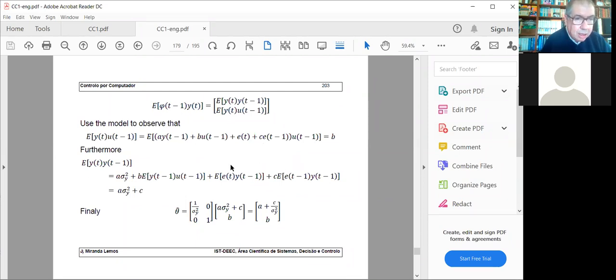And now we have to compute the first one. The first one is a little bit more complicated, but not much, and the reason is the same. So use the model for y of t and expand it.